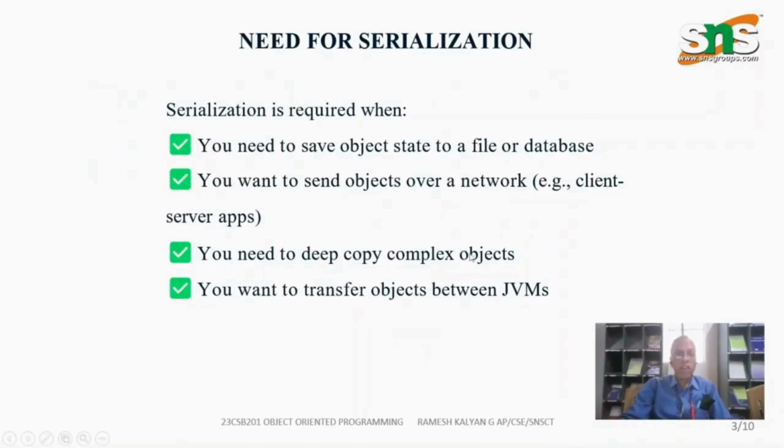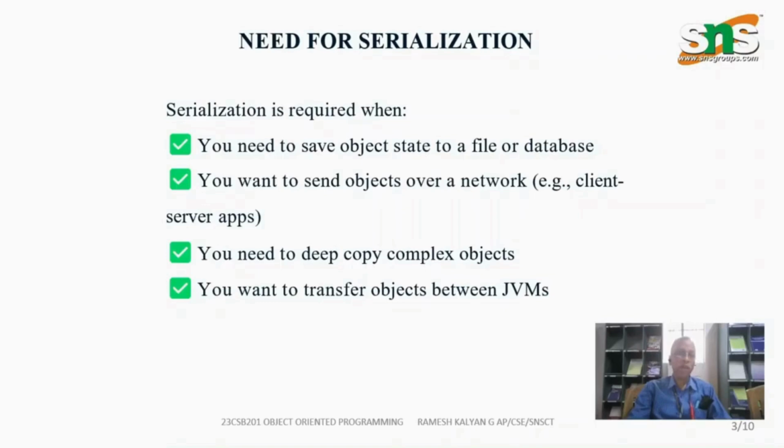Why is it needed? Serialization is required when you need to save object state into a file or database. You want to send an object over a network, in a client-server app, or if you are going to launch a website based on a Java-developed application, then we need server apps or some other file format.